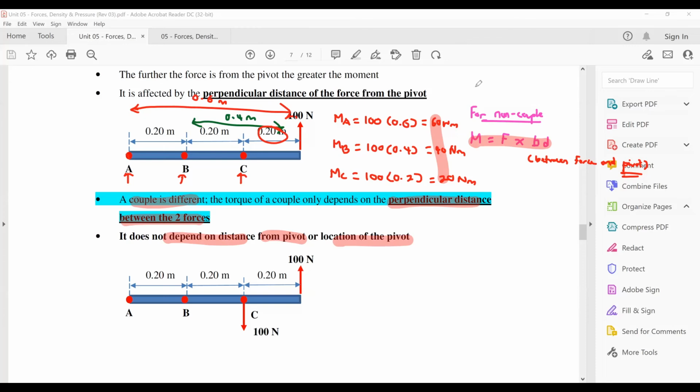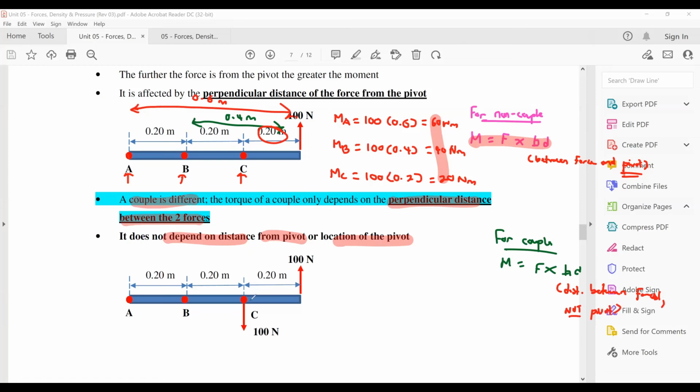So just now I mentioned to you specifically that for a couple, M is equal to force times perpendicular distance, where the perpendicular distance is the distance between the forces, not the pivot.